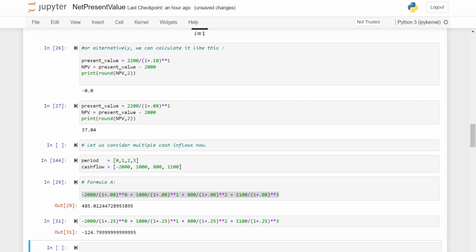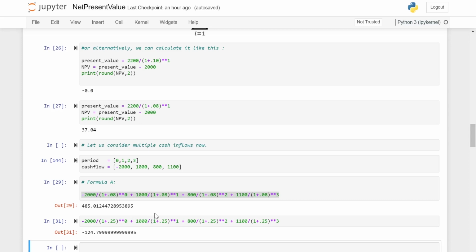Look, investing in this project is giving you minus 124. So we can make more money by investing in a bank rather than in this sort of project where cash inflows are like this. Correct?